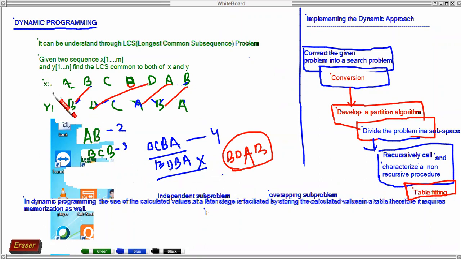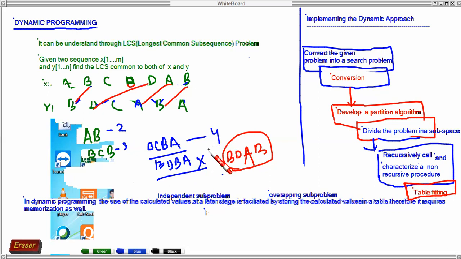Because I am choosing the sequence, let X be a sequence and Y be a sequence. I am choosing the longest common subsequence of both X and Y. There may be more than one of the same length, say 4 or 5, but among them we have to choose the longest.